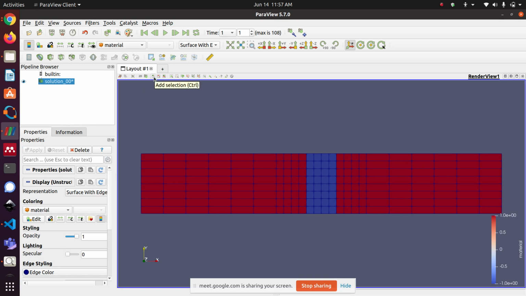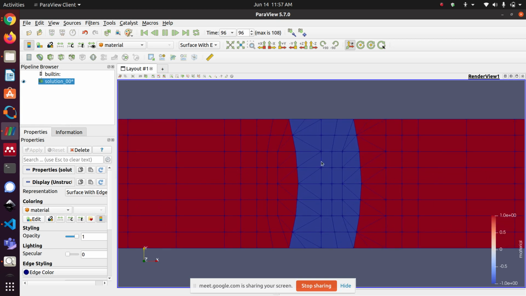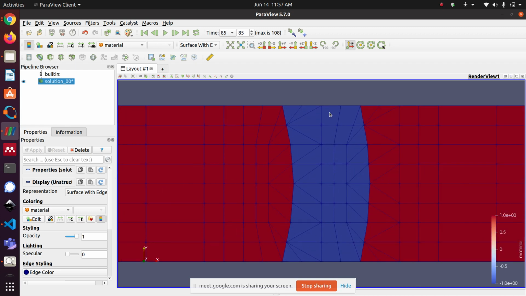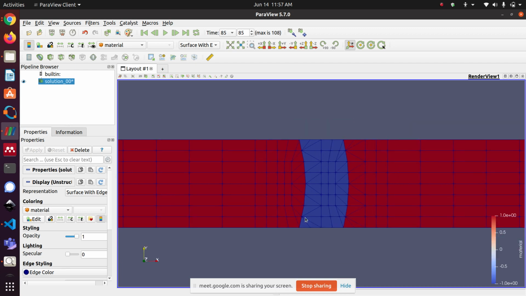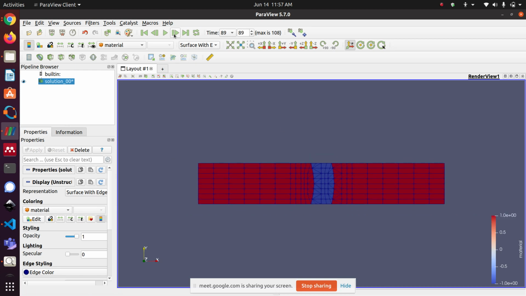ParaView is software for, like I told you, post processing. I've loaded a result from a simulation. You can see that when the fluid comes in, the elastic blockage moves from left to right and oscillates a little bit. I'm also changing the grid to capture the interface between solid and fluid, and I can analyze different variables.